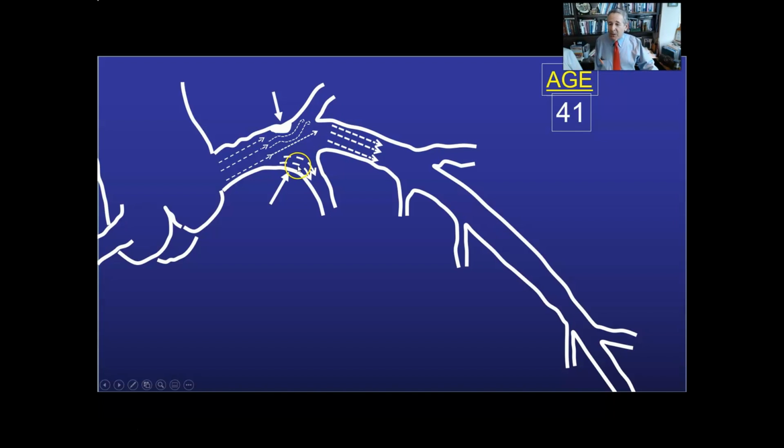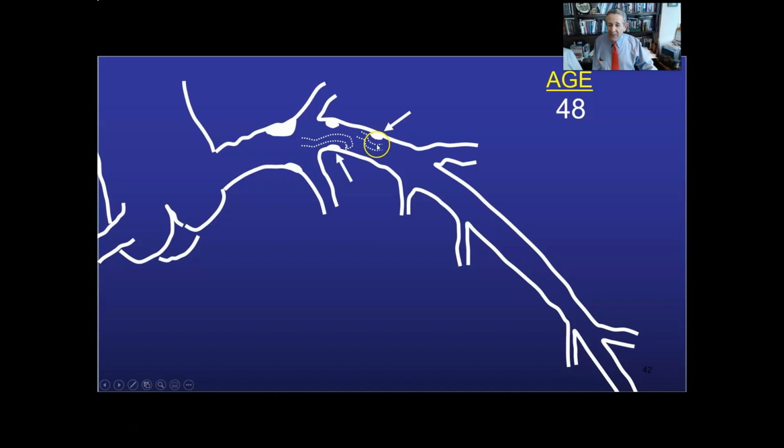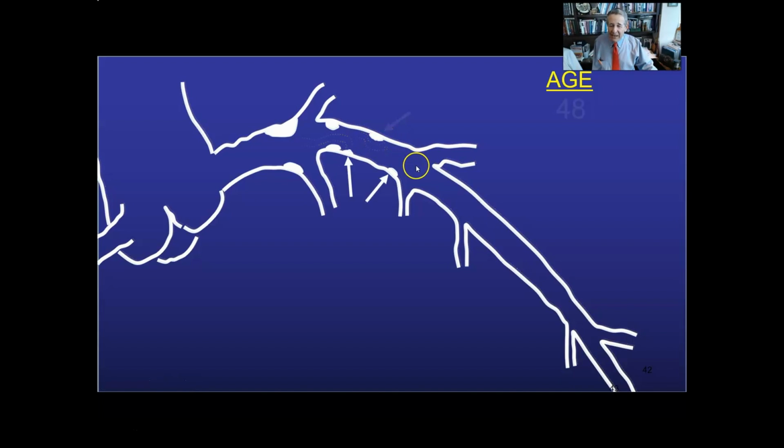And so soon you start with a plaque here, and again, disturbed flow, and I'm going to run through this a bit. You continue to make further down the vessel more atherogenic, and this is this feed-forward mechanism. And this is the natural history for those of us who follow people with coronary calcium over the years. It always begins proximally and progresses distally. And we've always known this about atherosclerosis.